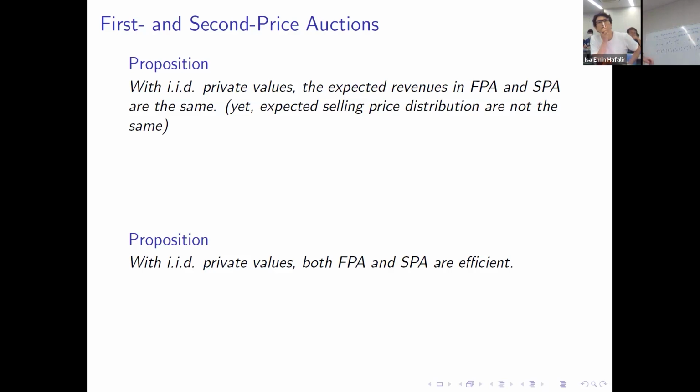Because for the price in a first price auction to be P, the highest value in this environment has to be beta inverse of P. Is that correct?